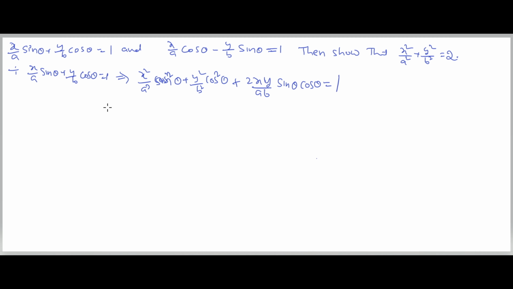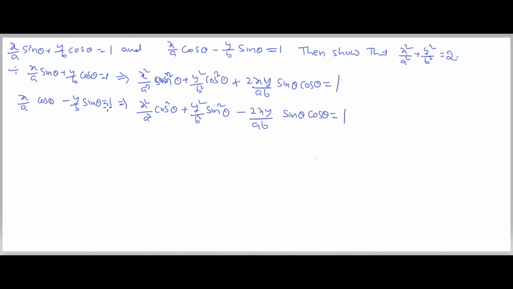Second equation is given: x by a cos theta minus y by b sin theta is equal to 1. Squaring on both sides, that is x square by a square cos square theta plus y square by b square sin square theta minus 2xy by ab sin theta cos theta is equal to 1.